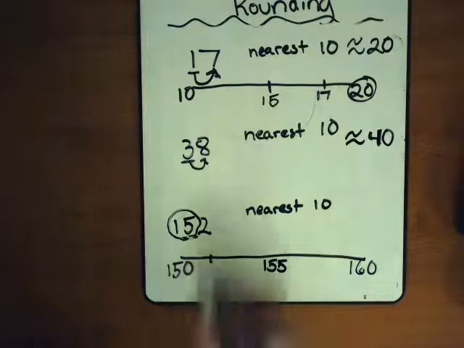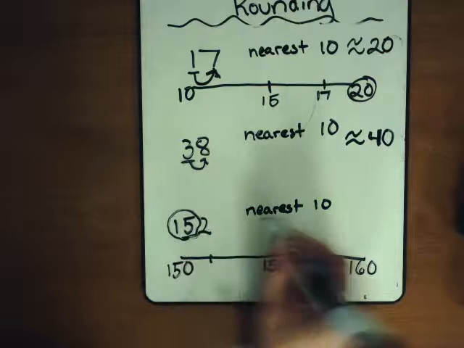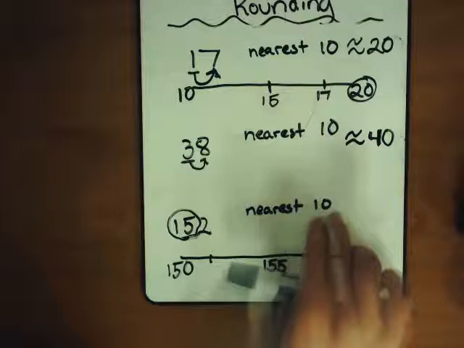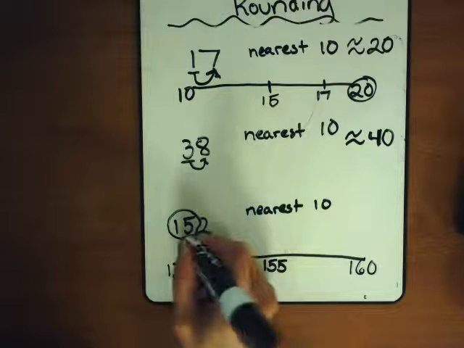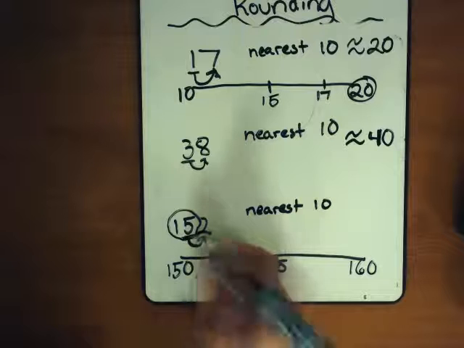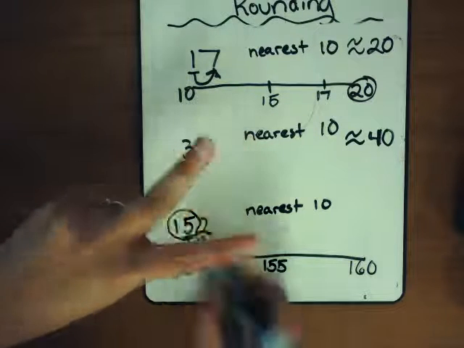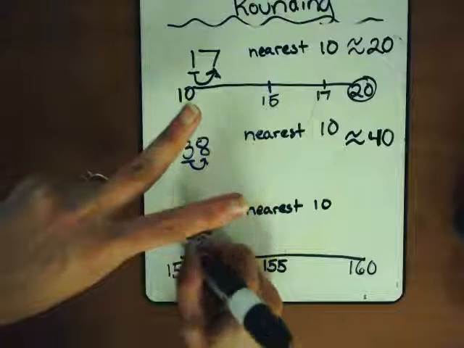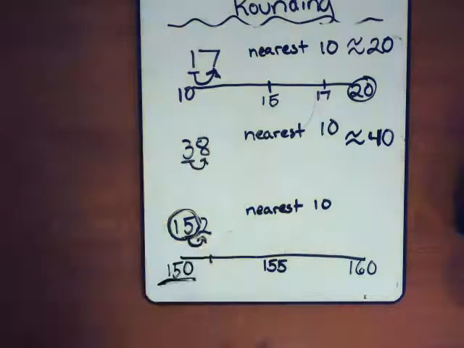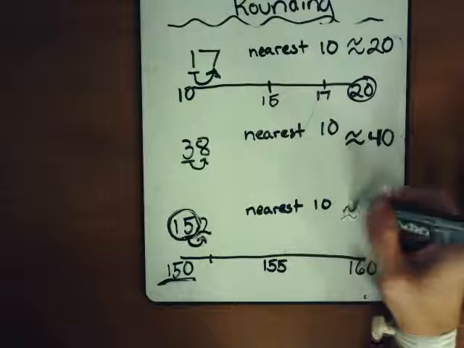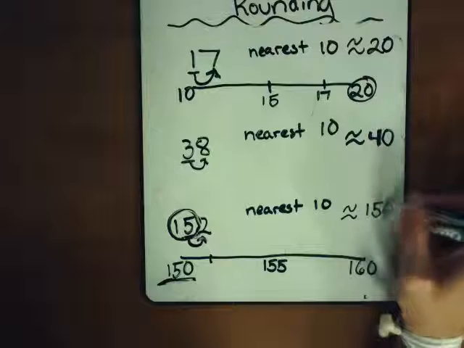Or I could have just underlined the digit that I'm rounding to. I'm rounding to the nearest 10. Underline that tens. Take a look next door and I count 1, 2. I don't see my thumb. So that means this is all going to stay the same. Okay, 152 to the nearest 10 is about 150.